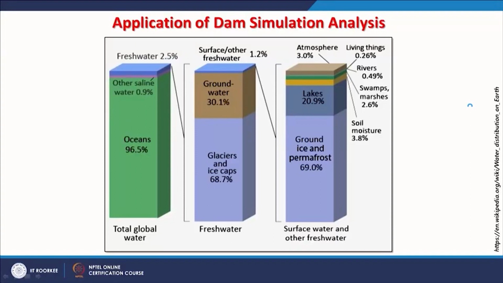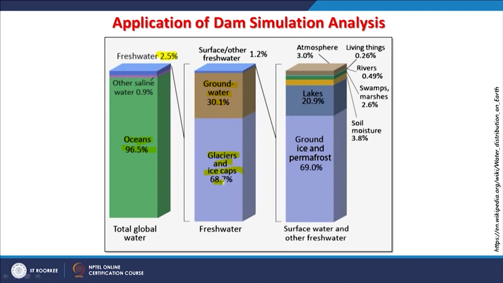Now, this is the point which I was just touching on in the beginning, that the water which we require is very little, a part of the total water which is available to us. See, 96.5% of the water is in the ocean, but that is saline, and fresh water is just 2.5%. Out of this 2.5%, 30% is groundwater, which generally we take out and use for drinking, irrigation or whatever.